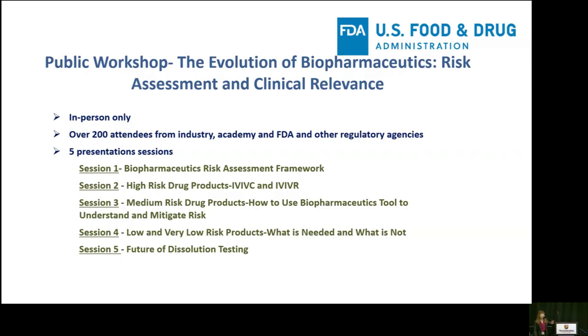Session 3 focused on medium-risk drug products, and we talked about some of the innovative biopharmaceutical tools for medium-risk products, including biorelevant dissolution coupled with PPPM. The next day's session started with low-risk and very low-risk drug products, talking about what is needed and what is not needed. Then we closed the workshop with the future of dissolution testing.